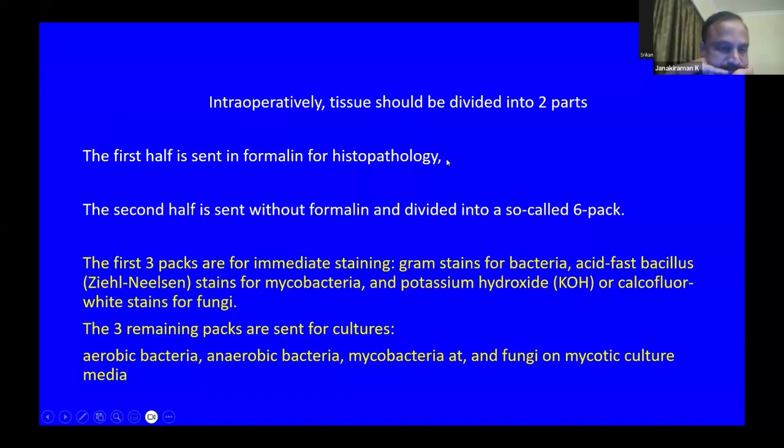One is sent for histopathology, and the second half is sent in separate containers. The first one is for gram stain, AFB stain, and potassium hydroxide for fungi, and the remaining are sent for aerobic and anaerobic bacteria and mycobacteria.